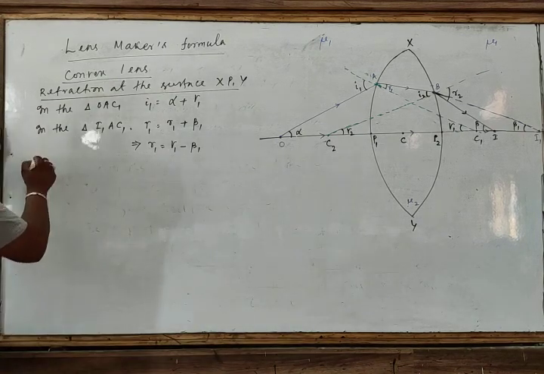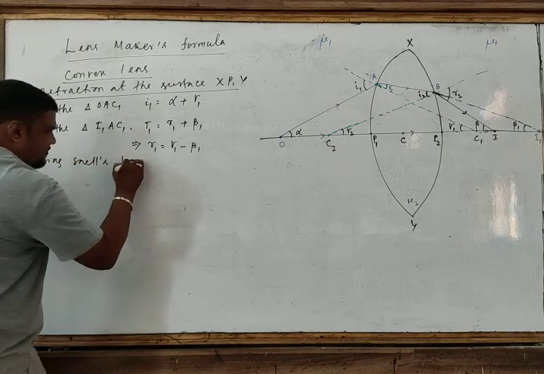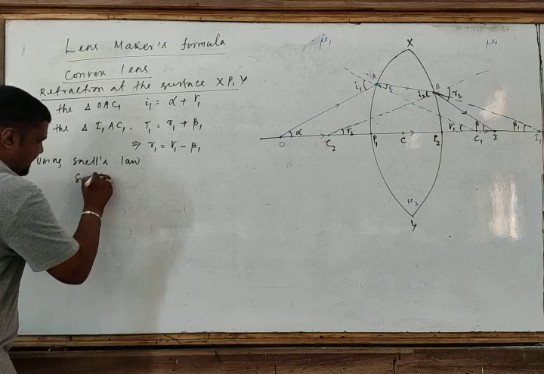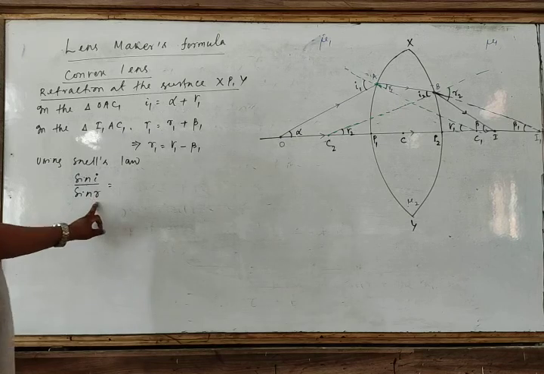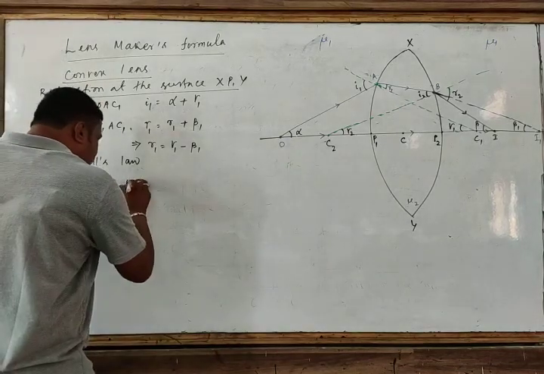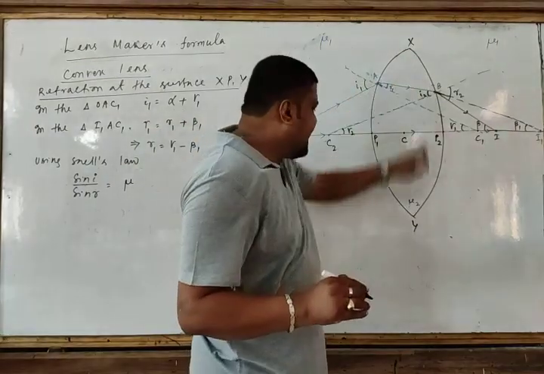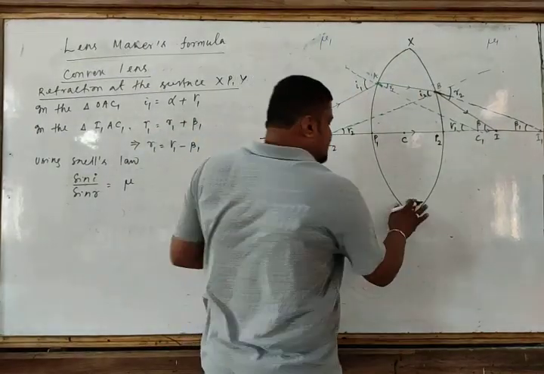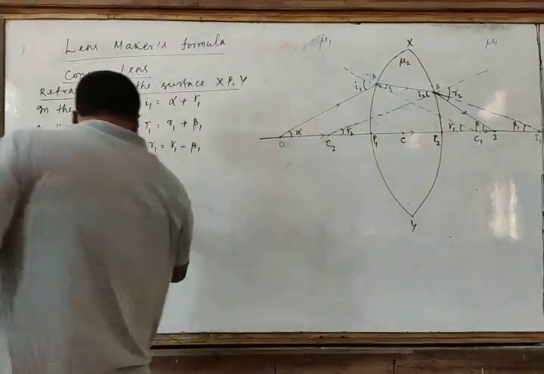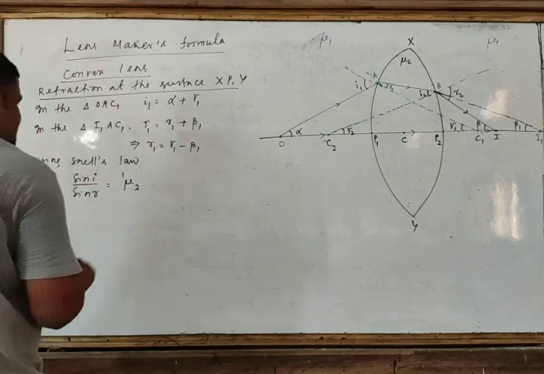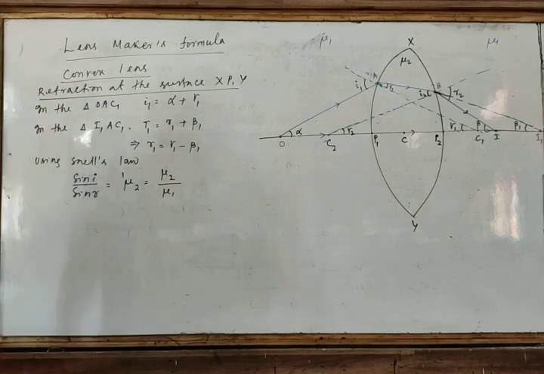Now, using Snell's law, sin I by sin R, the sine of the angle of incidence to the sine of the angle of refraction, is equal to the refractive index of which medium? First medium mu1, absolute refractive index, the second refractive index mu2. The ray is traveling from mu1 to mu2, so we find the refractive index of the second with respect to the first, or I can write the absolute refractive index of the second by the absolute refractive index of the first.